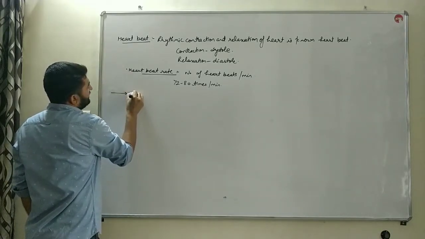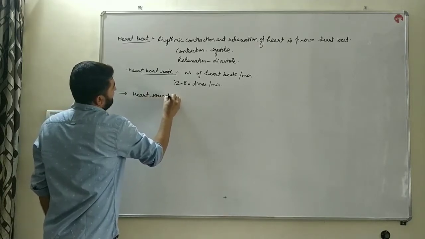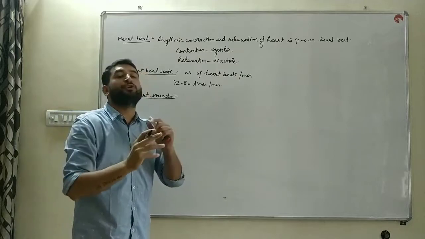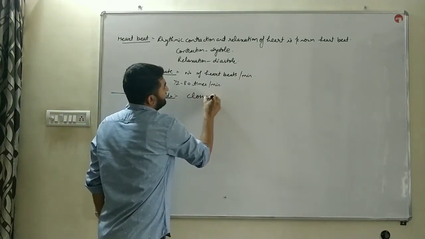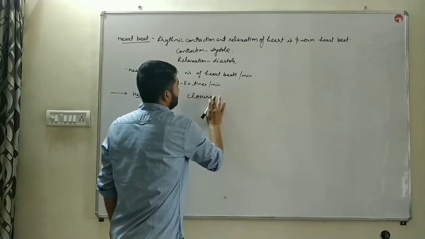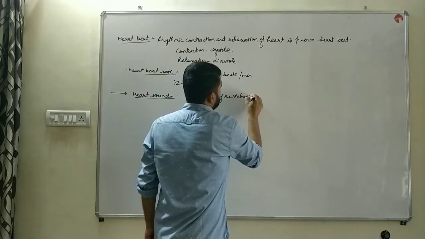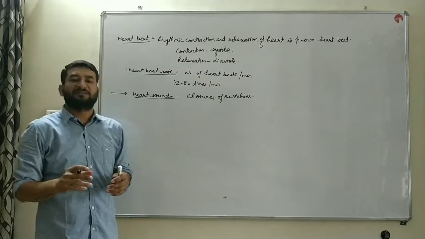Next, we'll discuss heart sounds. There is a sound produced by the closure of valves present in the heart. As we all are aware, bache, there are two types of valves present in the heart.